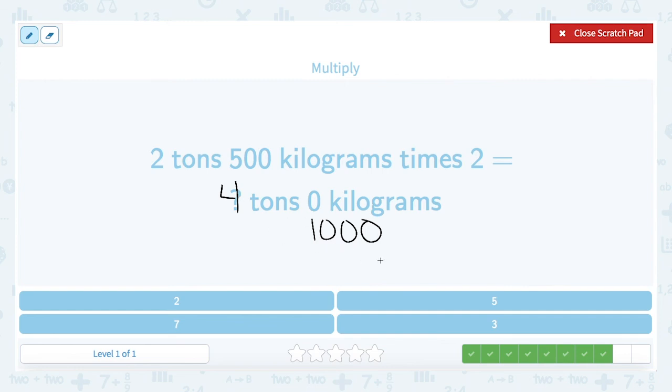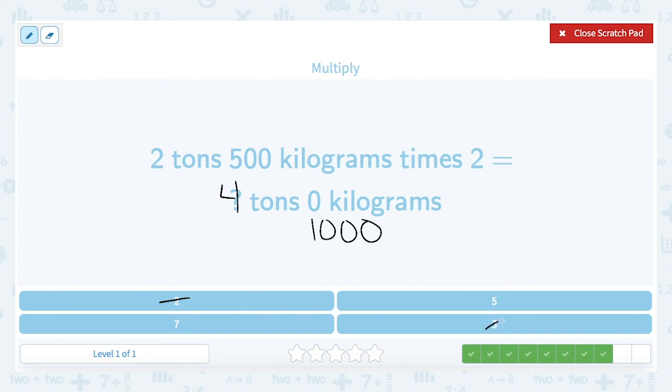So we can actually just go ahead and start ruling out answers that aren't true. We know it won't be 2 because we already have 4 tons. It could possibly be 5 if a ton equals 1,000 kilograms.